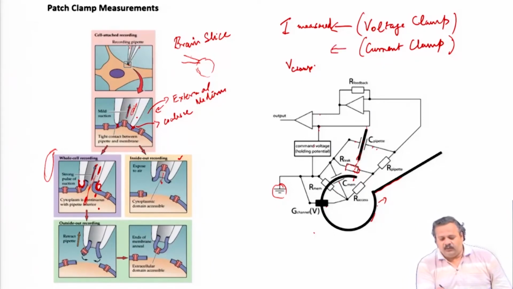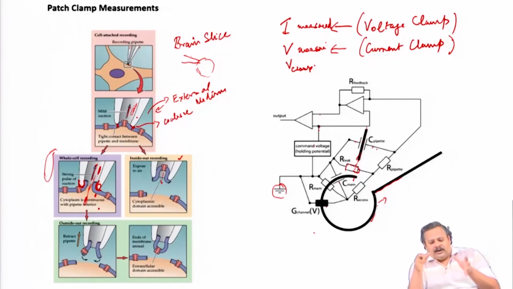So basically we are able to measure the voltage across the membrane in response to a current that is being supplied across the membrane in the neuron. These are the two modes that we need in order to go forward when we talk of how neurons behave when there is a current injection through inputs onto the neuron.